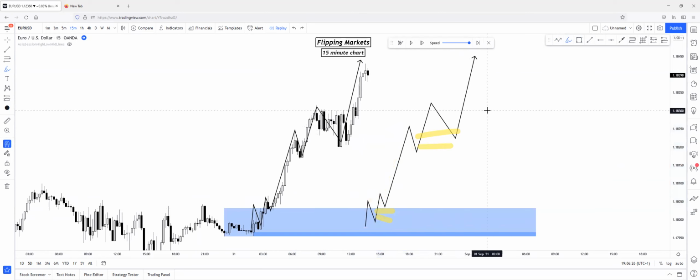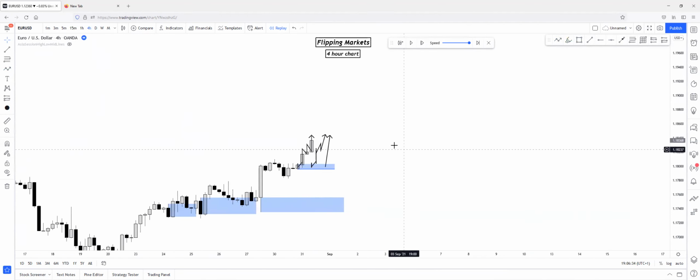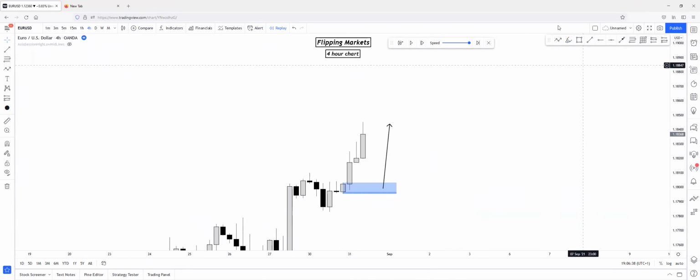On the 4-hour, this movement just simply looks like this. Let me just switch back to the 4-hour chart and you will see that. I will just remove these arrows. So as you can see, the 4-hour leg looks like this, just a straight upside candle or candles.